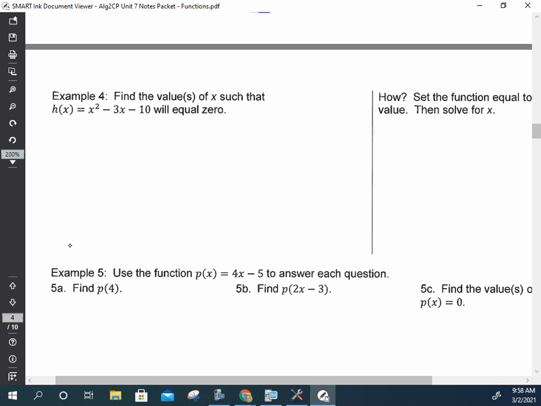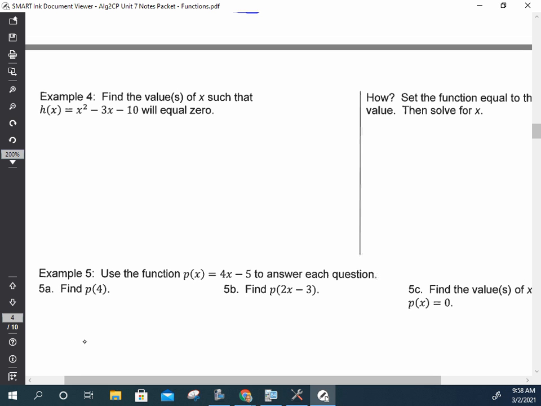So let's do example 4. Then we'll go back and do an example of any of the other ones that you feel you may need to see another one. Find the value or values of x such that h of x equals x squared minus 3x minus 10 will equal 0.